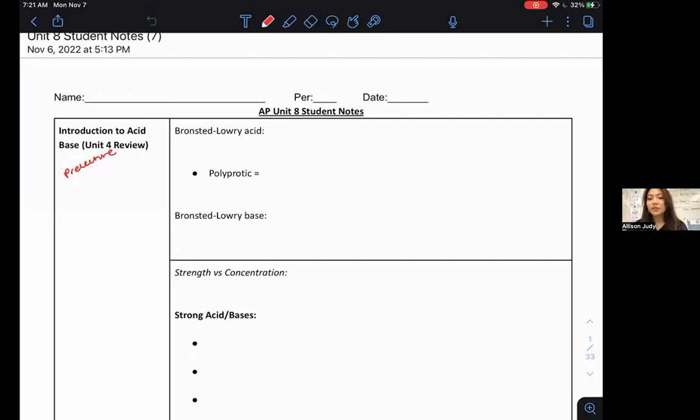So, quick reminder, according to the Bronsted-Lowry definition, an acid is a substance or species that donates a H plus, which is equivalent to an H3O plus hydronium ion.